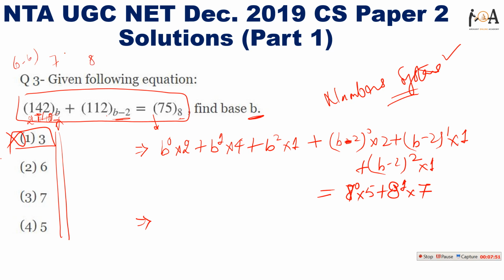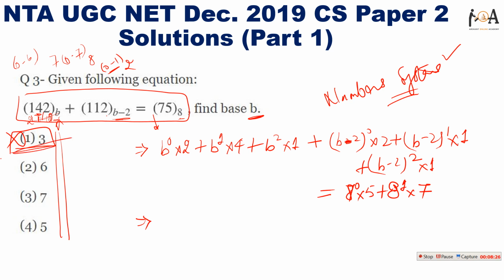If the base is 8, all digits should be between 0 to 7. If the base is 2, the digits should be 0 or 1, because the base is just one greater than the largest digit we can use in the system. So if the base is 3, this number system theory fails. So 3 can't be the answer. The other options might be the answer, but option 1 is incorrect. Directly we can say that.